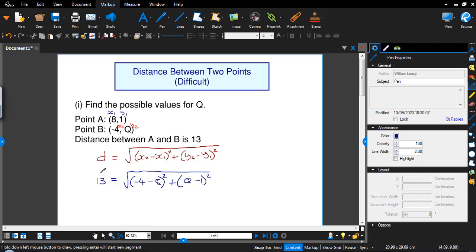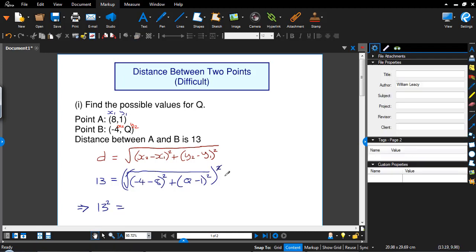Now let's square both sides. So that implies 13 squared equals. If you square this, the square and the square root cancel out and you're just left with what's underneath.